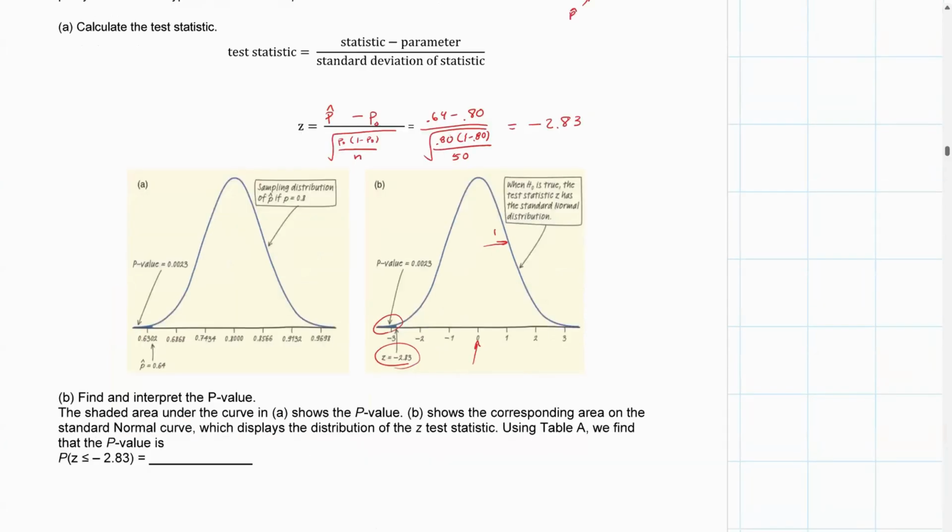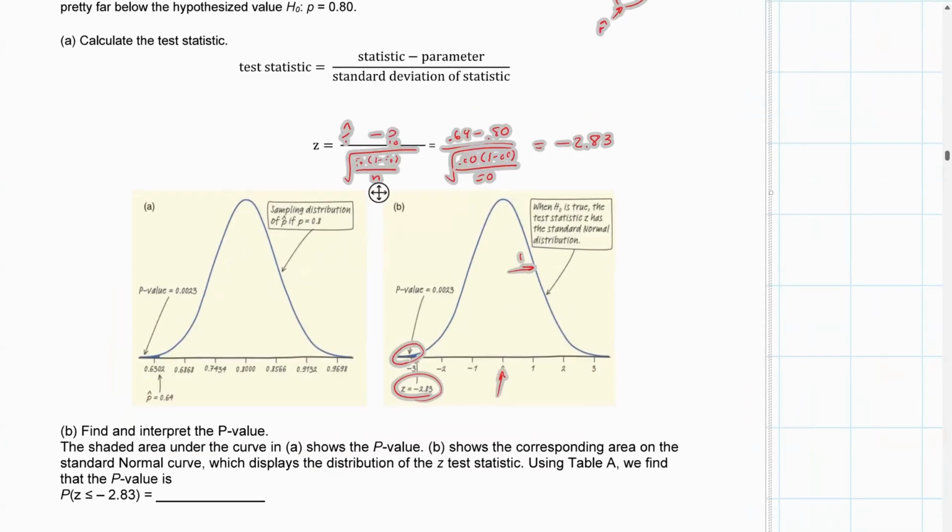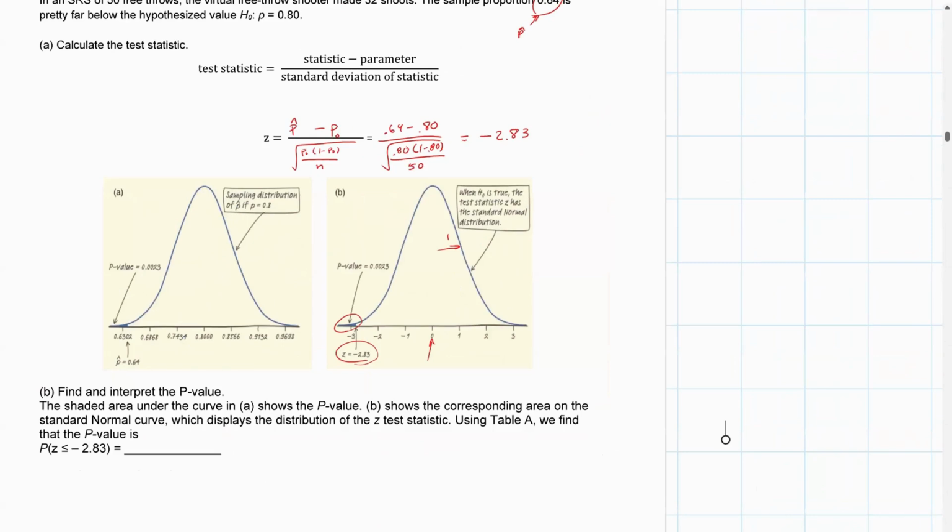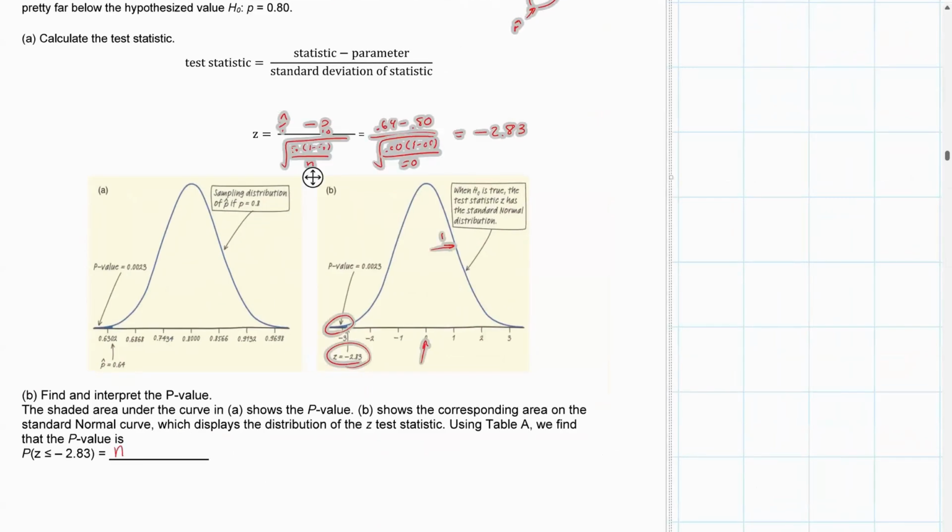So what is the probability of a z-value of less than negative 2.83 by pure chance alone? Well, we would do this on the calculator using a normal CDF function. And we would say we want from negative infinity to negative 2.83 with the mean being 0 and the standard deviation of 1.